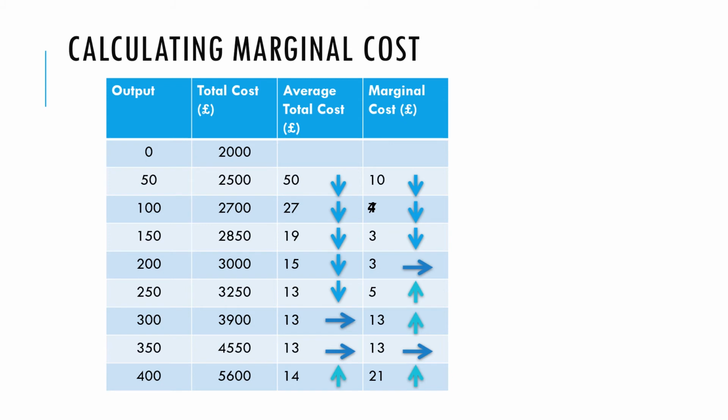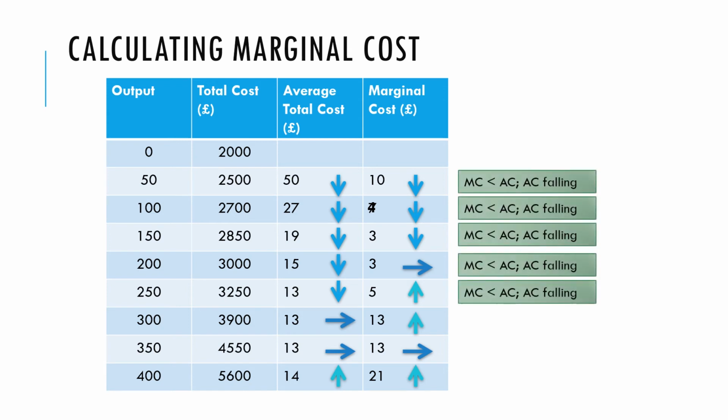Well, what you might see is early on, the average cost is always falling. And that occurs when the marginal cost is lower than the average cost. So if I look at the first bit of comparison, 10 is lower than 50, and so the average cost falls. 7 is lower than 27, so it's bringing the average cost down.